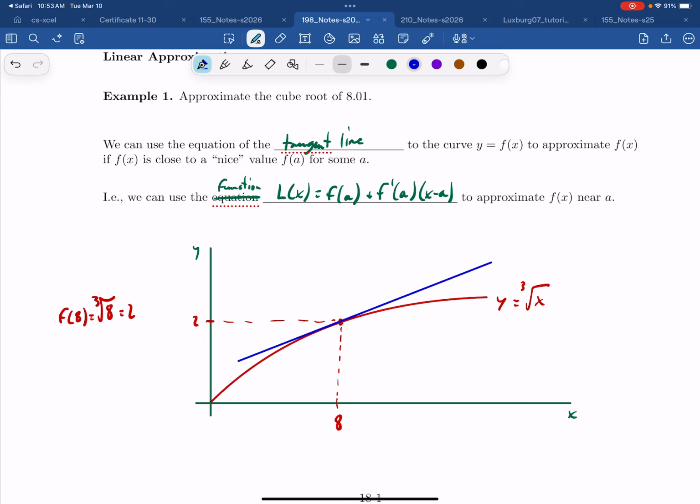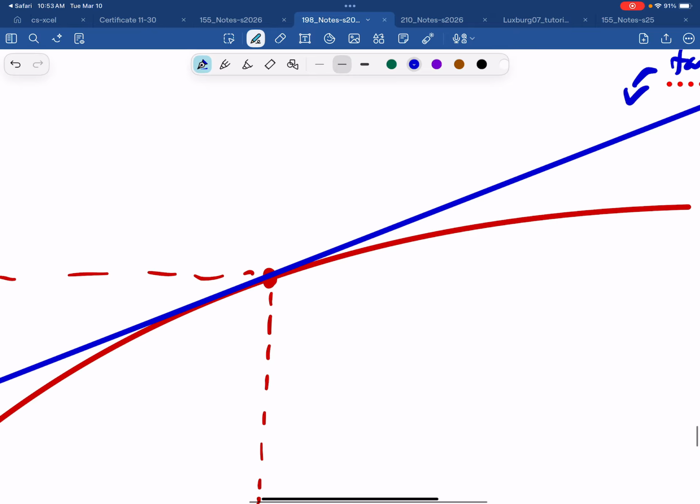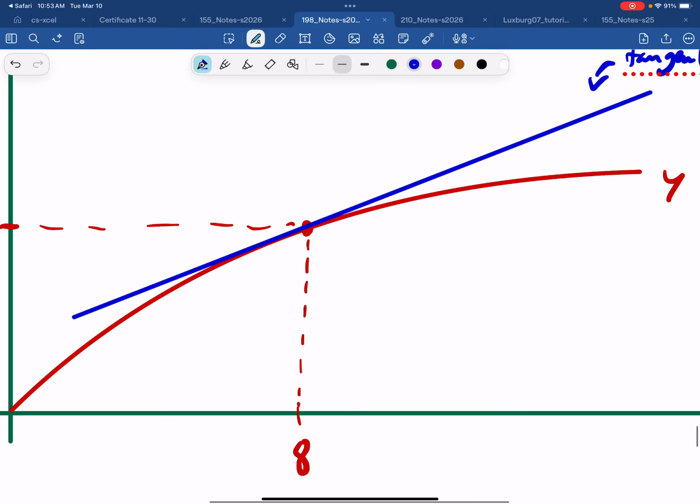And I'll actually just draw the tangent line right there. Right? And I'll write over here, tangent line. And the idea is that this is going to be a pretty good approximation of the cube root of 8.01. Now, I'm not going to draw this to scale, just for illustrative purposes.